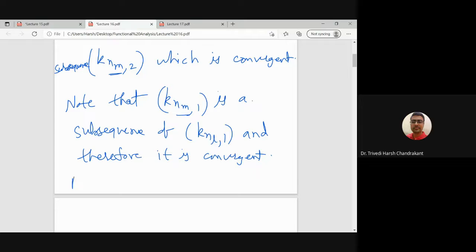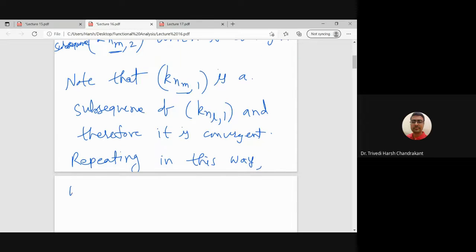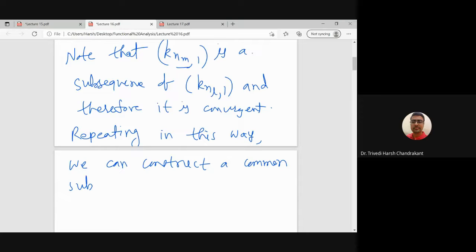So now repeating like this, we can construct a common subsequence.